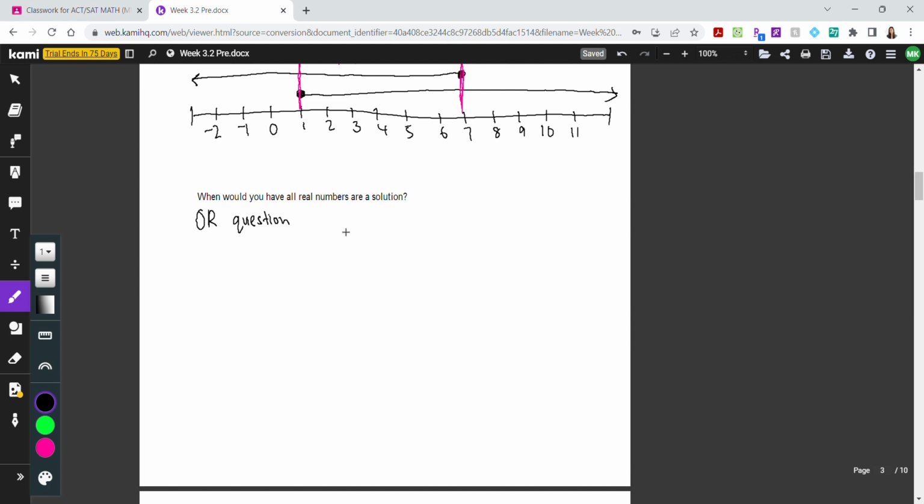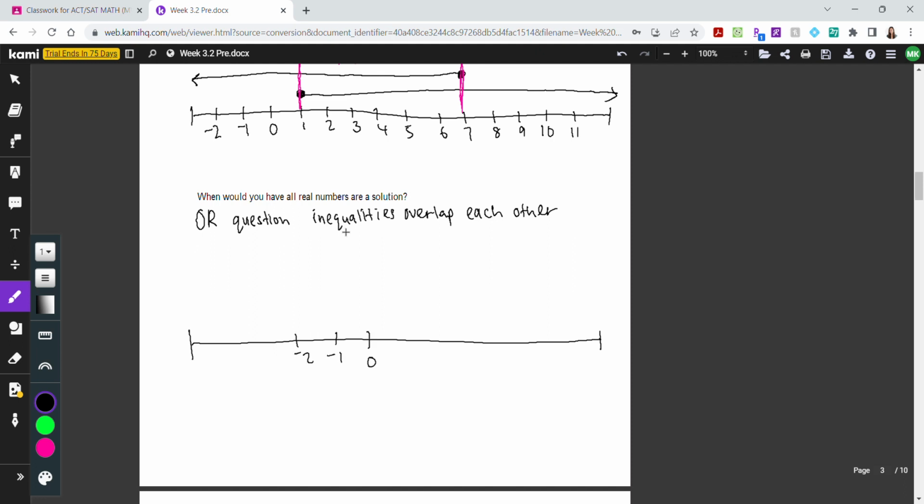So for example, let me just write: or question, the inequalities overlap each other. Right, so I just quickly draw this, and get 0, -1. There we go.